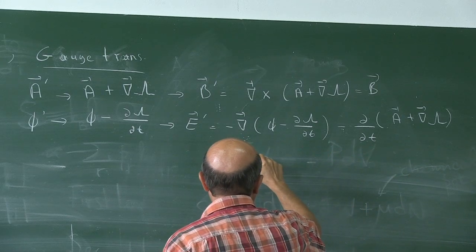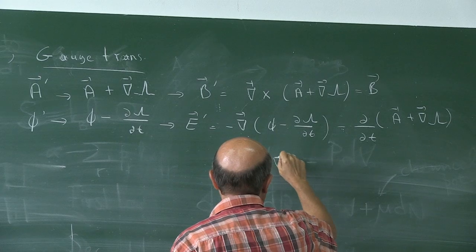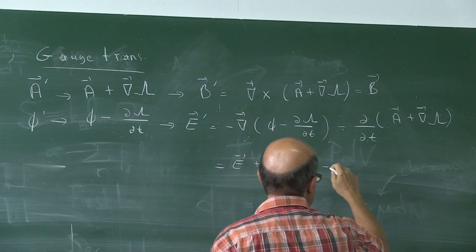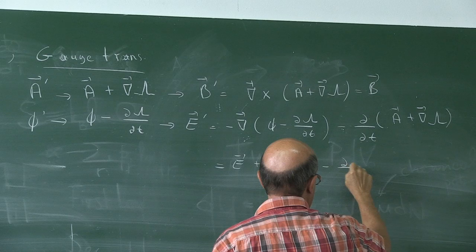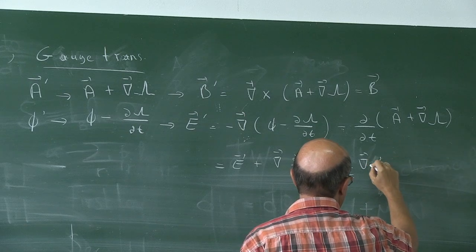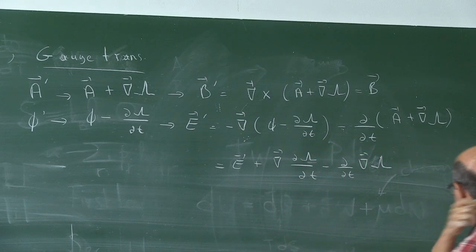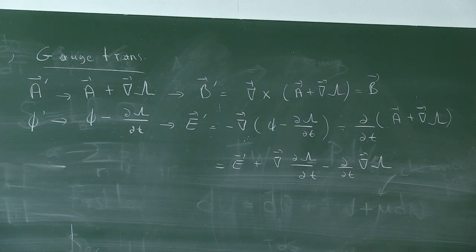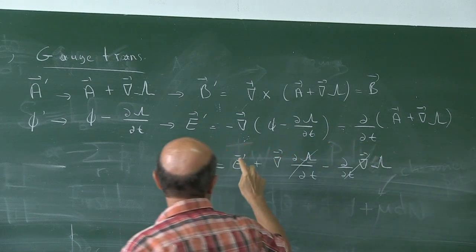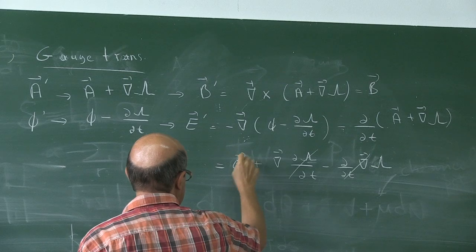So basically, you will get plus gradient of del over del T minus del over del T gradient of some scalar potential. You can interchange the order, and that will be cancelled out, and you will get E prime is equal to E.